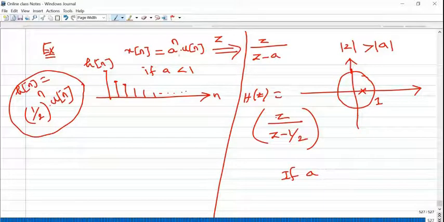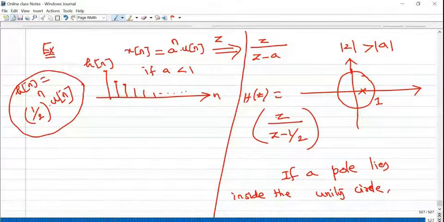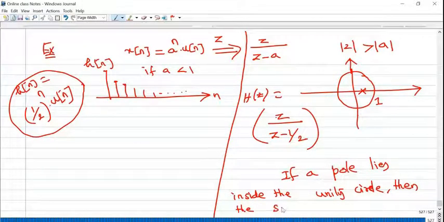So if a pole lies inside the unity circle, then the system is a stable system.